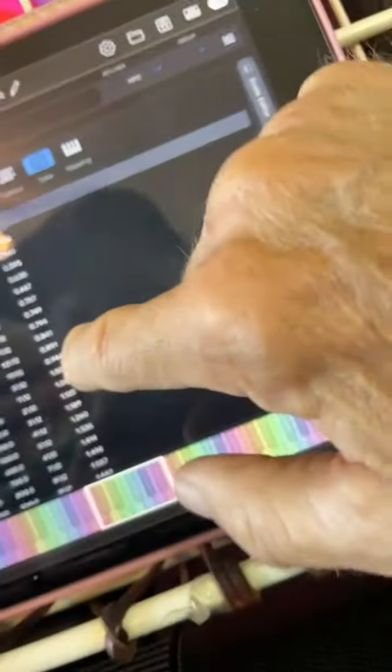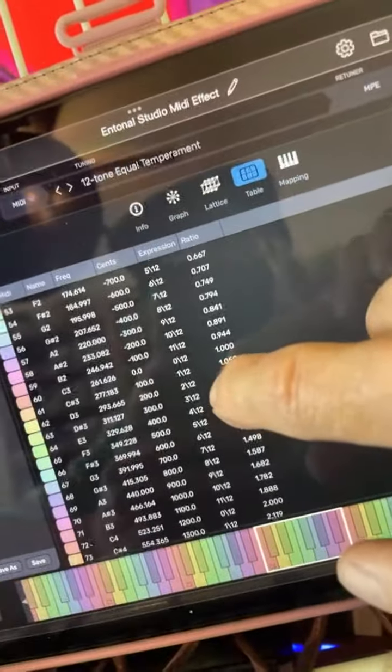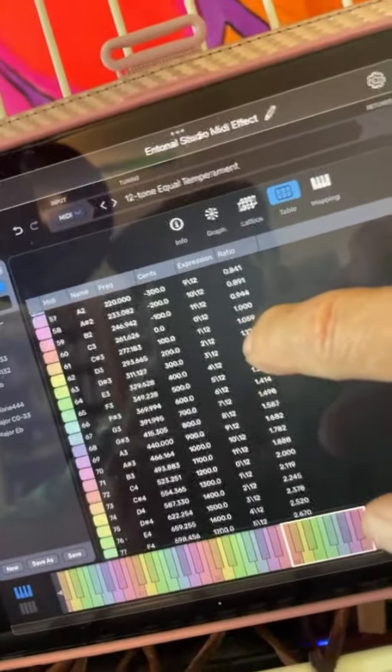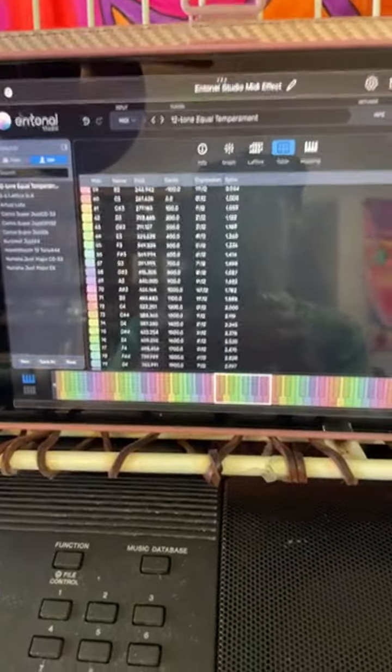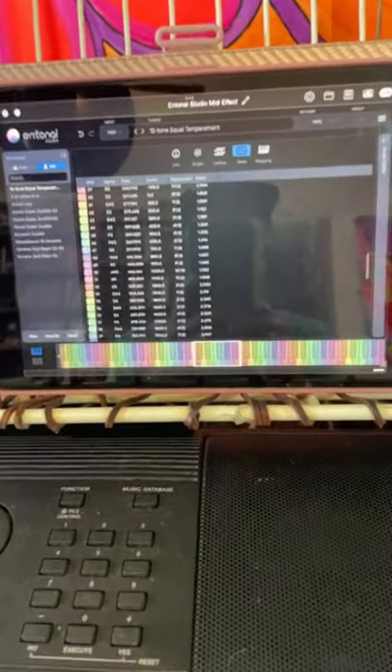See, we get to 0. You'll notice that they all go up or down by 100, dead even 100 every time, 100 cents. So that's another man-made way of looking at the spacing between the notes, is to measure it in cents.